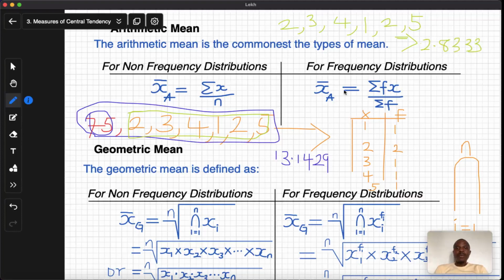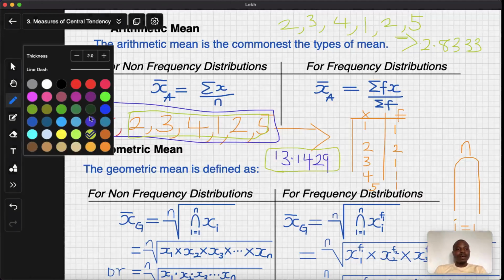2.8333. Now, looking at this, the mean of all of these numbers that you are seeing, 2, 3, 4, 1, 2, 5, and 75, was actually 13.1429.